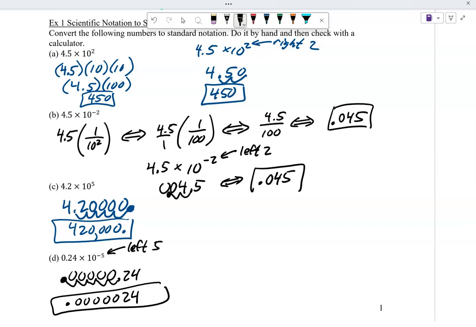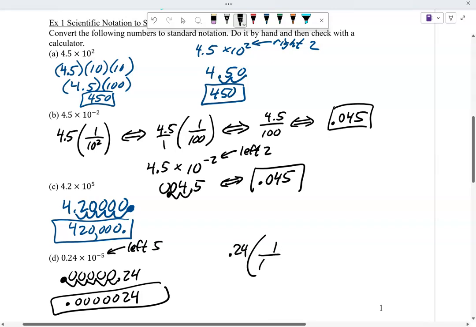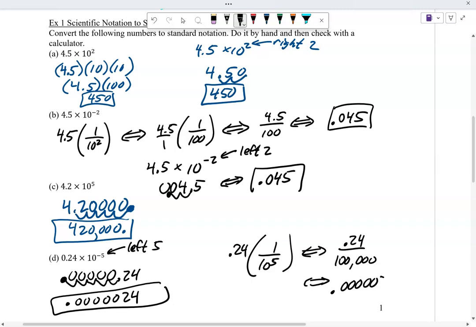In other words, that's the same as taking 0.24 and dividing it by 100,000. That gives you 0.000024, right?